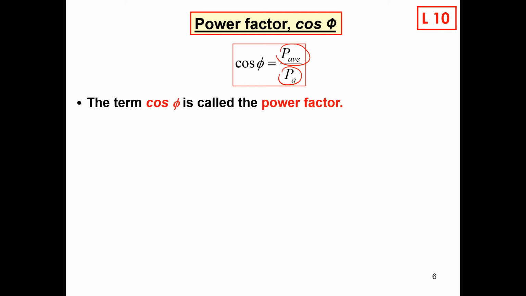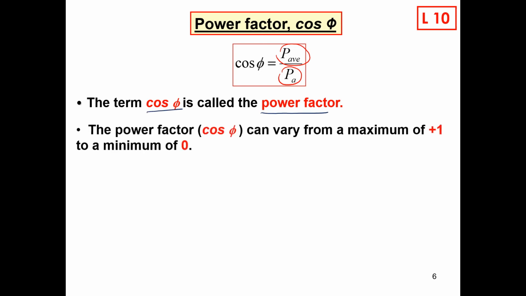The term cos phi is called the power factor, and since it is a ratio, power factor does not have a unit. The value of power factor can vary from a maximum of 1 to a minimum of 0.